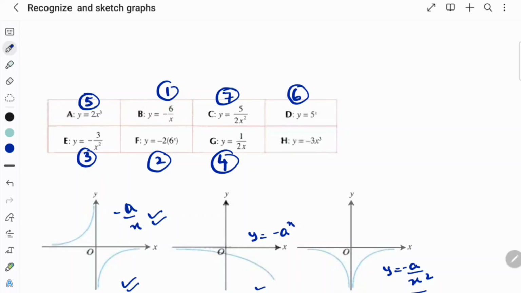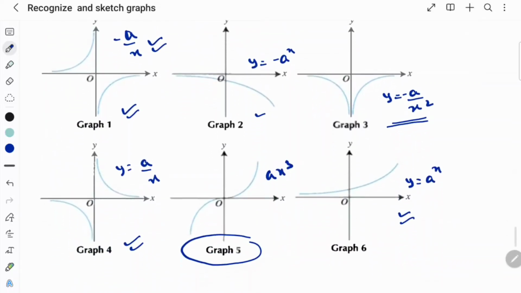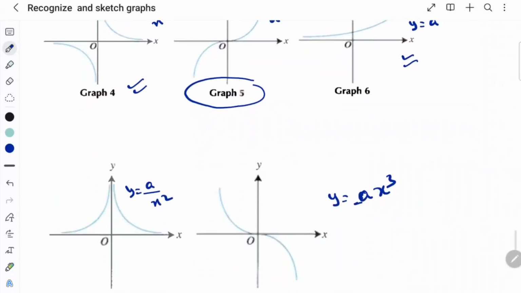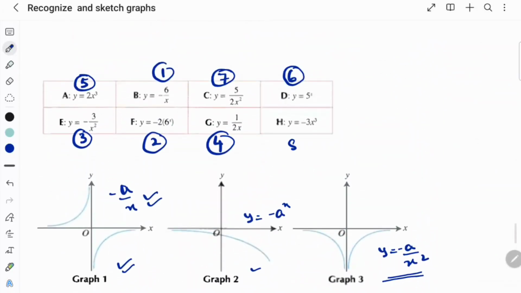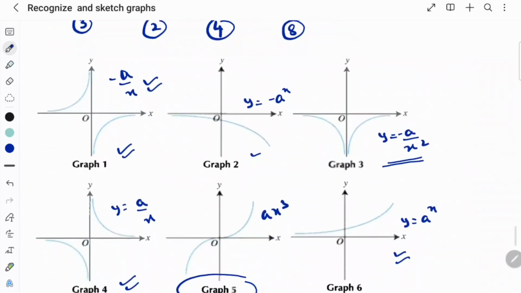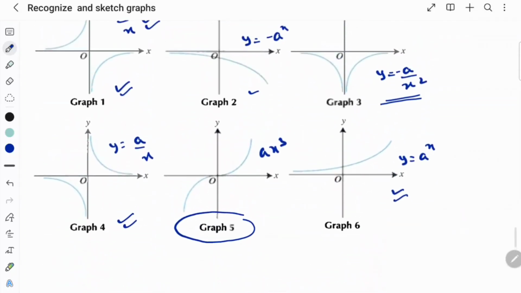And minus 3x cube, negative x cube, is graph 8. So we have recognized all of them. You can see in the question and just go through them easily. You can understand it.